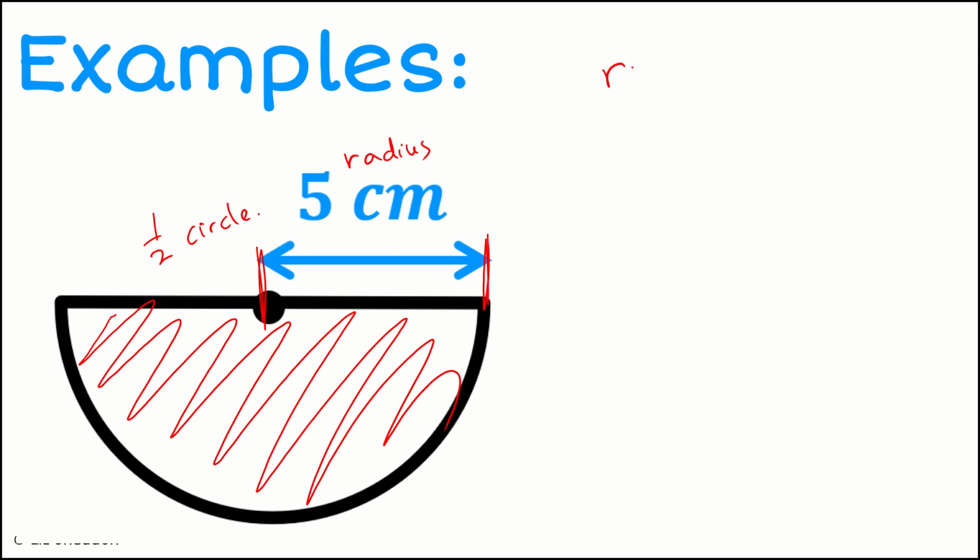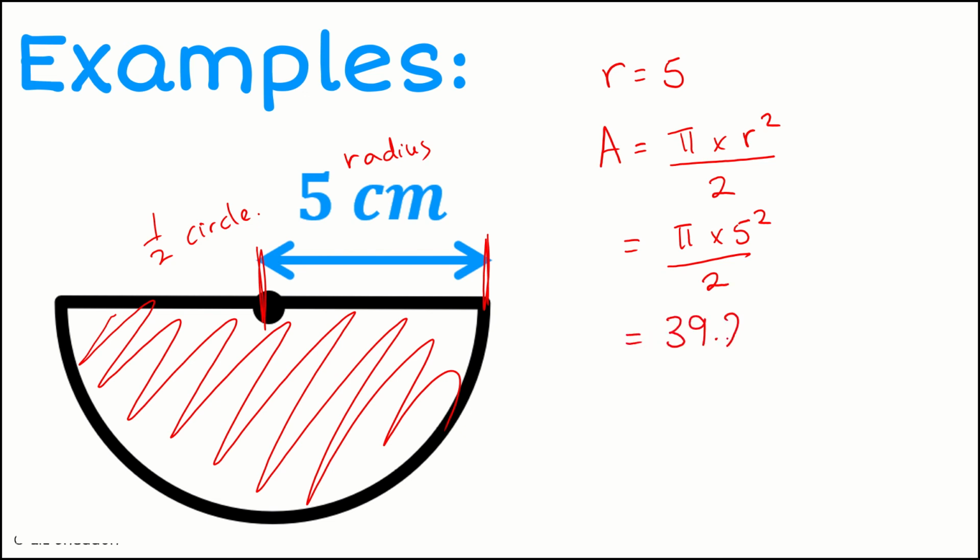If I know my radius is 5 centimetres, then the area of a circle would be pi times r squared, and because I want half the circle, I'm going to divide that by 2. So I get pi times the radius of 5 squared, divided by 2, and that will give me an answer of 39.25 centimetres squared to 2dp.